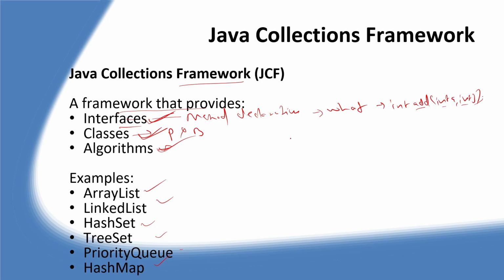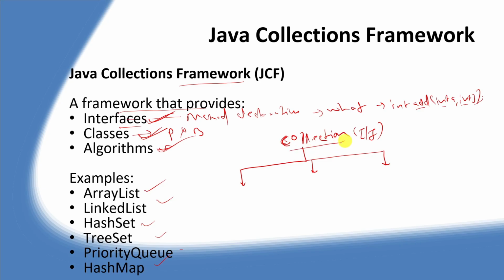So I will give you a basic collection hierarchy. So let's say collection is the interface. Collection is what? Interface. Collection is a parent interface. We have already studied that interfaces also follow the inheritance concept. Inheritance means what? Parent and child interface.